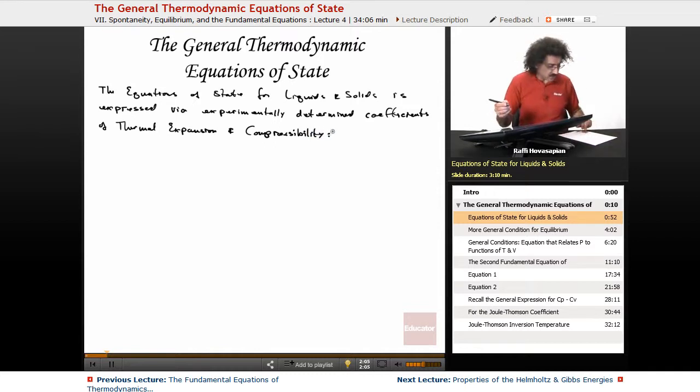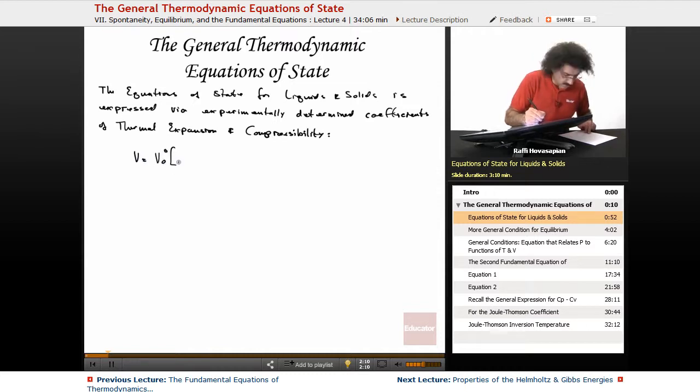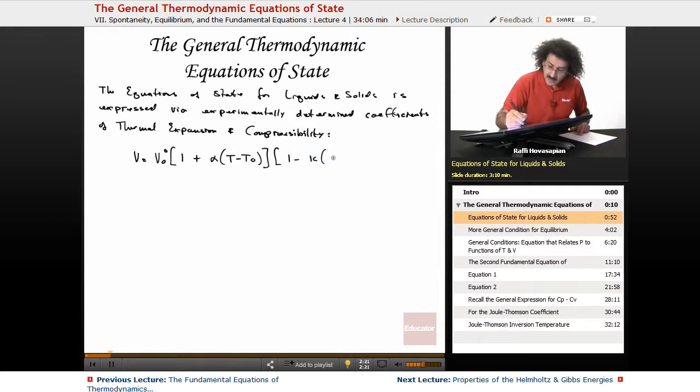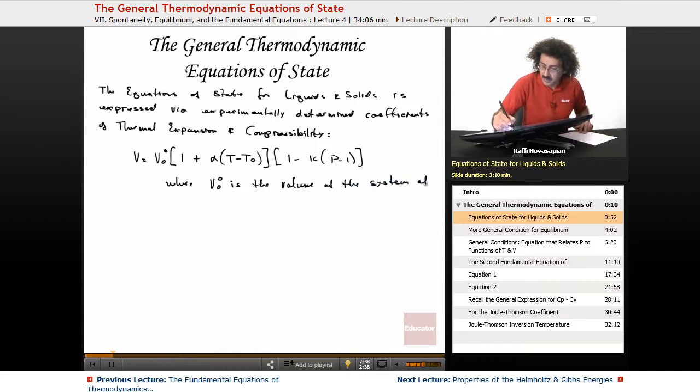Let me go ahead and write the equation. It is V equals V00 times 1 plus alpha times T minus T0, times 1 minus kappa times P minus 1, where V00 is the volume of the system at 0 degrees Celsius and 1 atmosphere pressure.